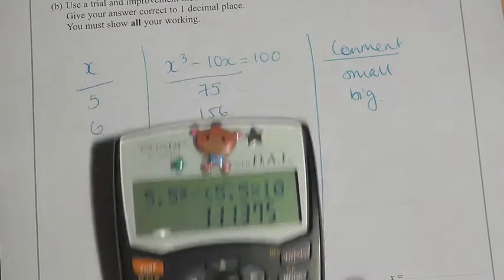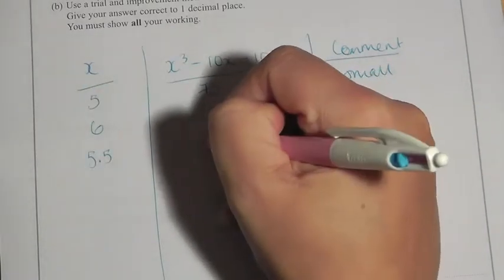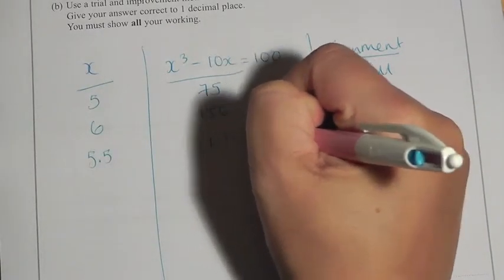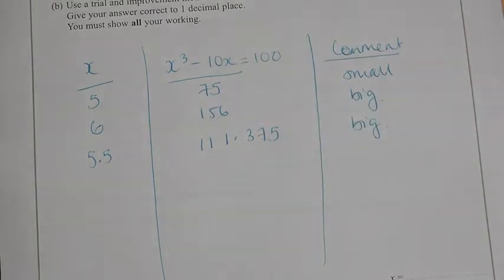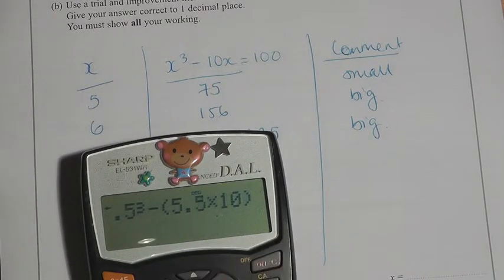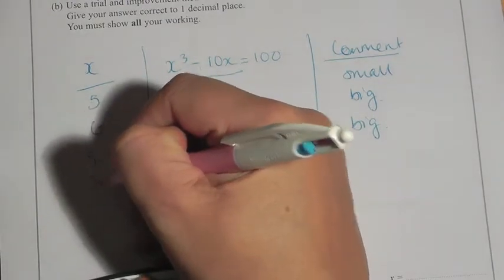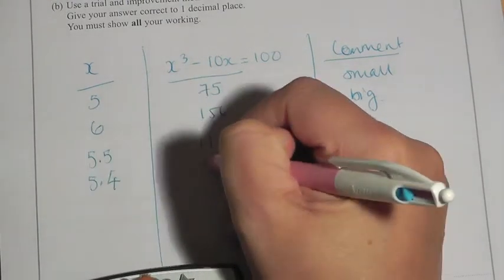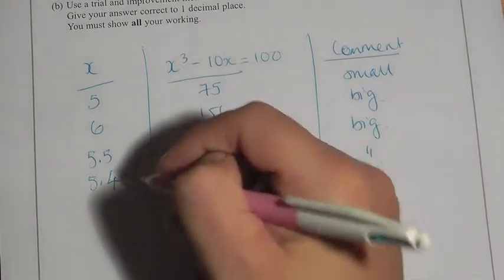Okay, so 5.5 gives us 111.375, which is still too big. So I need to pick a smaller number. I'm going to go for 5.4 because it's fairly close. And that gives me the answer of 103.464, still too big.